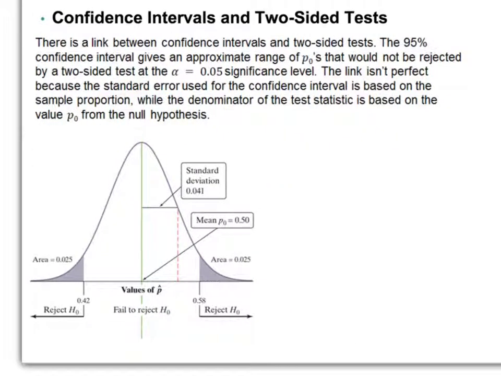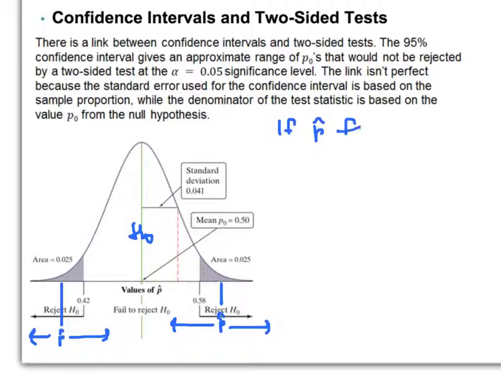Okay, this is the same beginning part. But conversely, if you get a value for p hat that falls in the reject range, when you compute a confidence interval, you don't end up containing the null. And here again is the null. Okay, so you would end up rejecting.